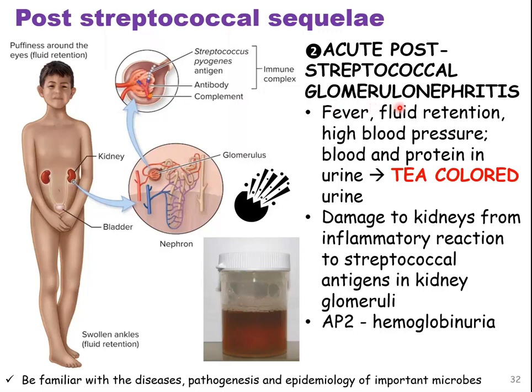So you get glomerulonephritis, so inflammation of those little tiny nephrons in the kidneys. When you have that, you get fever, fluid retention. The big calling card of it is urine that looks like iced tea, because there is hemoglobin, because remember, we also get lysis of red blood cells, and that can be detected on a urine dipstick test. So you get damage to the kidneys from that inflammatory reaction. Once again, it's the collateral damage from the immune system.